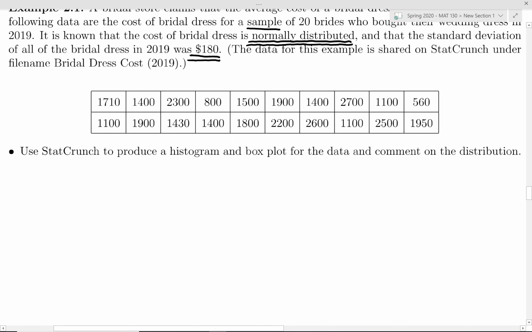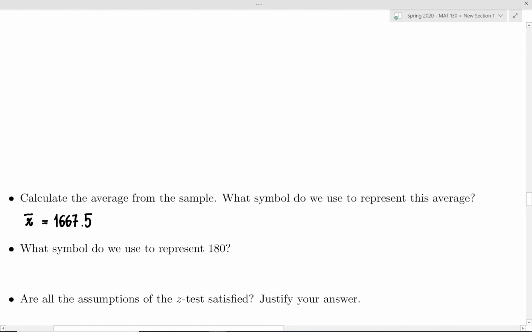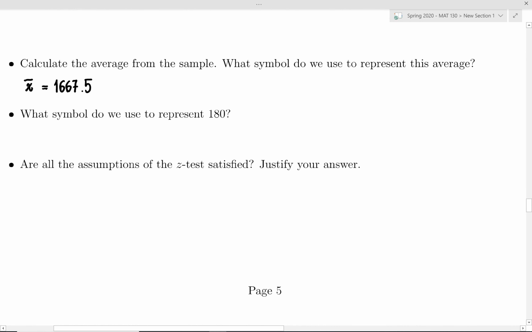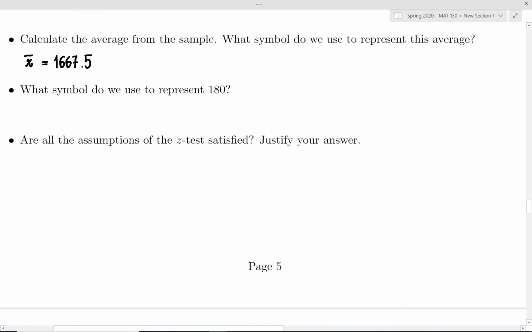That means we know the population standard deviation of the price of bridal dresses was 180. The symbol we use for population standard deviation is sigma, so sigma is equal to 180.